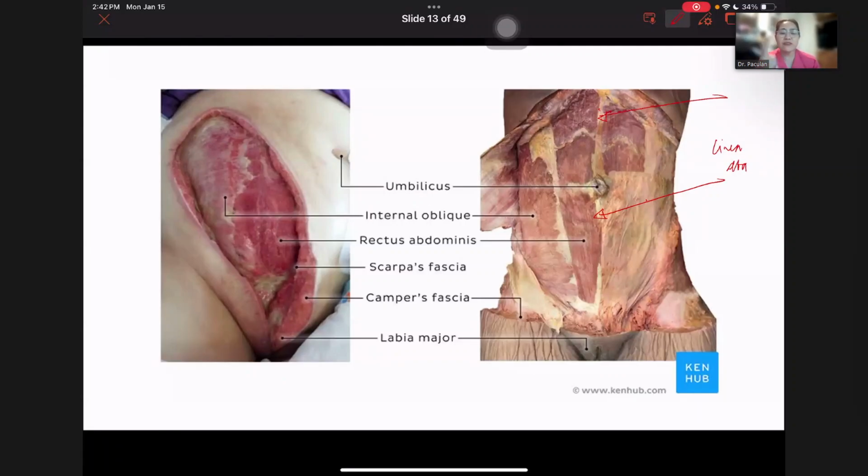Okay, so we have two vertical muscles of the anterolateral abdominal wall within the rectus sheath. So these are your rectus abdominis muscle and the triangular muscle in this area.